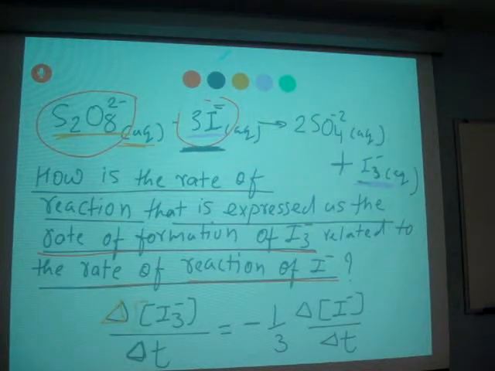So the way we can express it: change in I3- concentration divided by delta T equals, because here there is 1 mole, so we don't put any stoichiometric coefficient, but equals, this is negative because I- is going to be used up, so that's going to be negative 1/3 of the change in concentration of I- divided by delta T. And that's how we can express rate of reaction for that particular reaction.